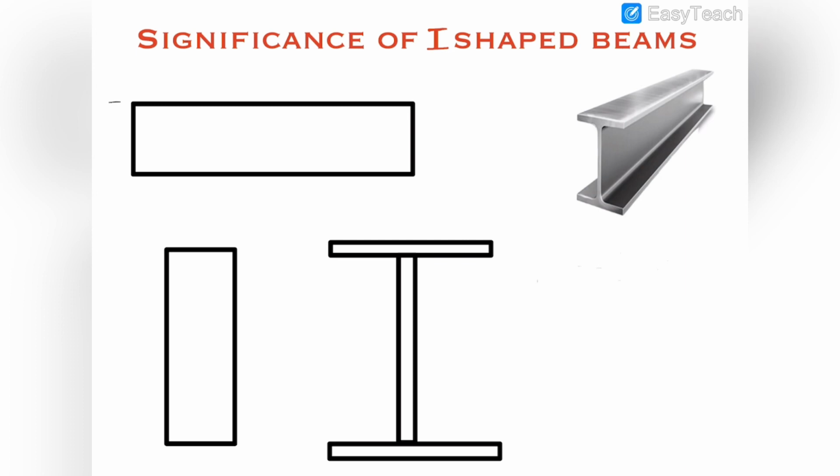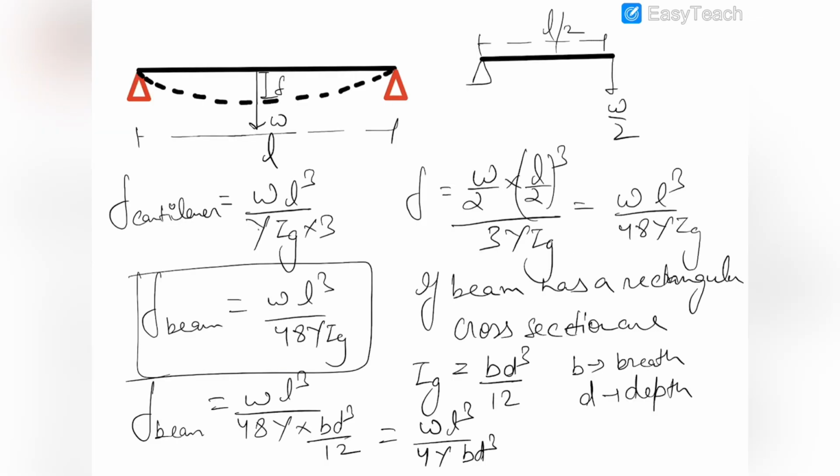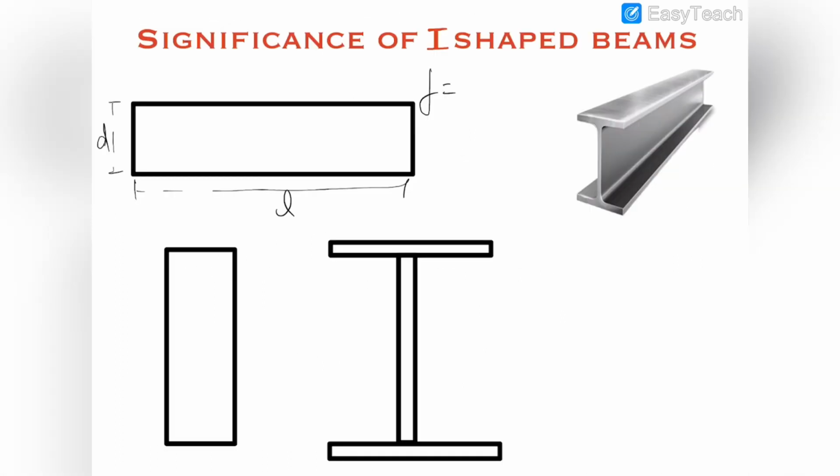First of all, let us see a normal beam whose depth is D, whose length is L, and whose breadth, measured inside the plane, is B. We have already derived the result that the depression produced is omega L cube by 4 gamma BD cube.